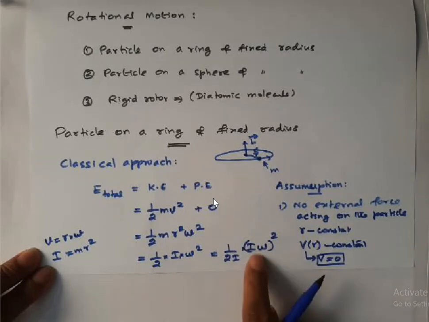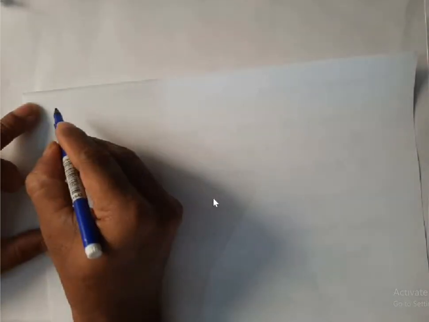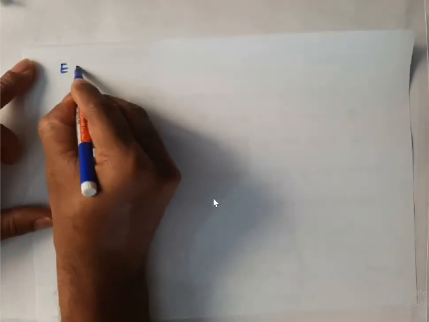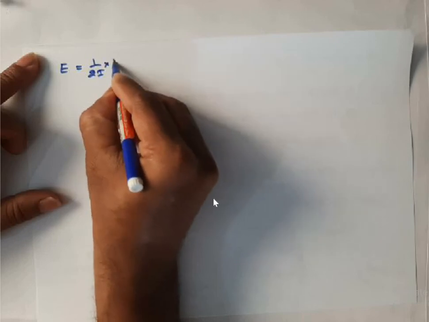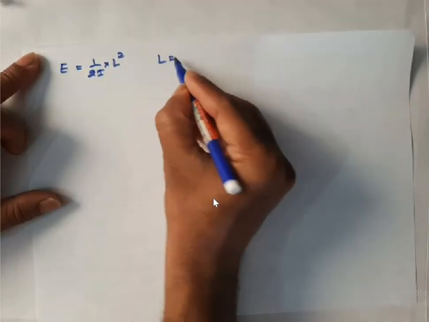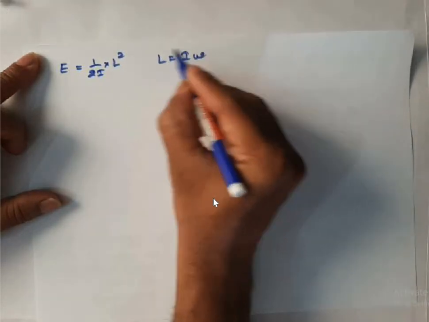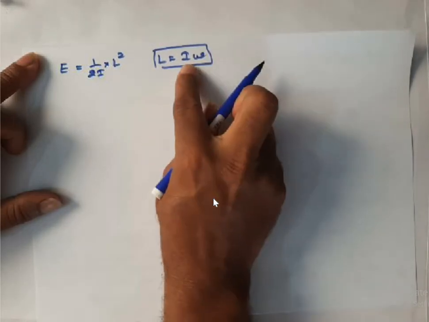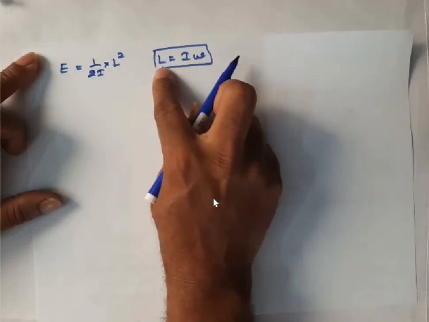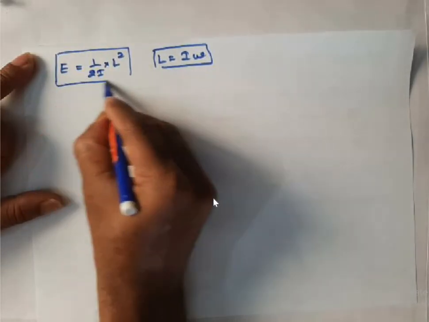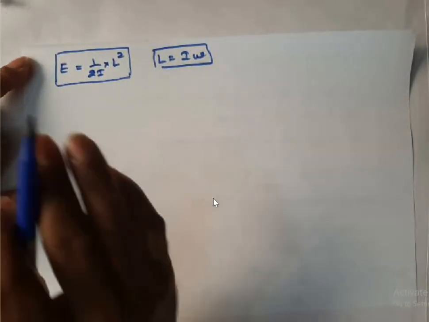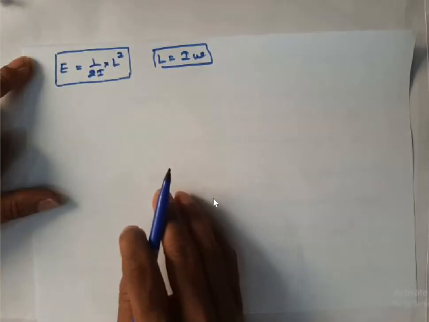Therefore the total energy equals 1 by 2I into L square, where L is equal to I into omega. Moment of inertia into angular velocity gives you angular momentum. So this is the total energy or rotational kinetic energy of the particle by the classical method.